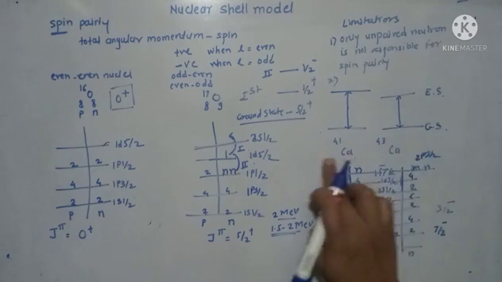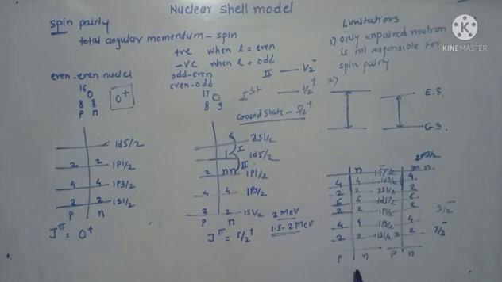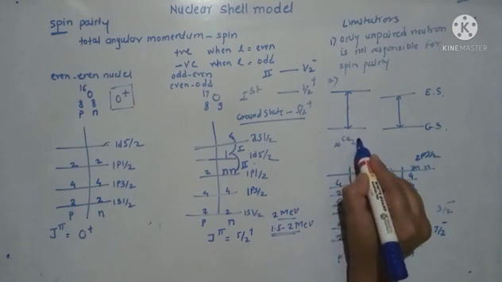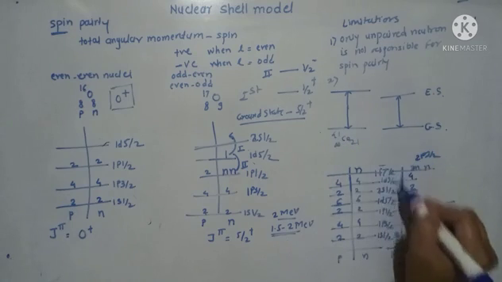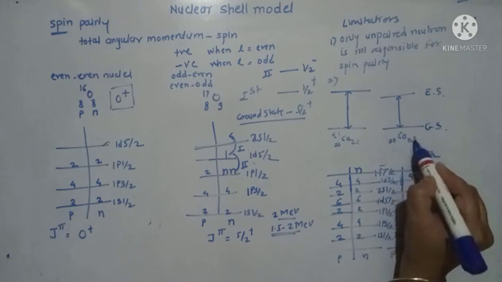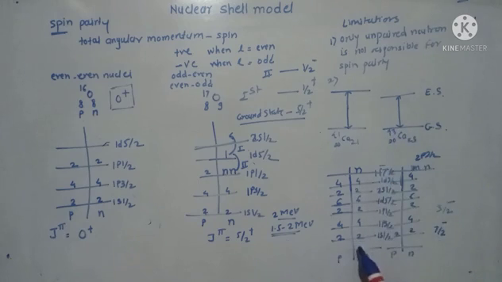So let me draw it properly. So this is the case of Ca 41, and this is the energy level diagram for Ca 43, and this will be 42, 43.